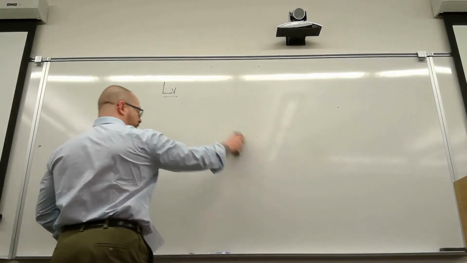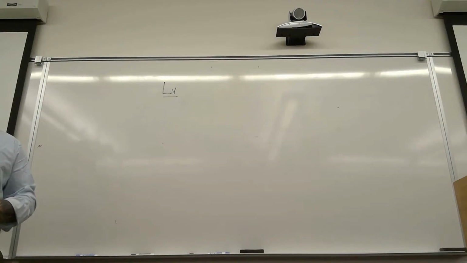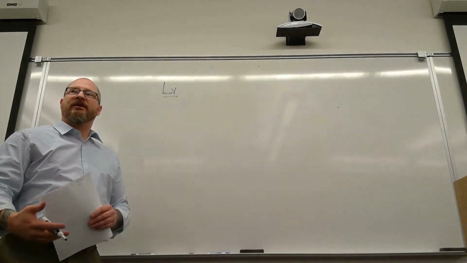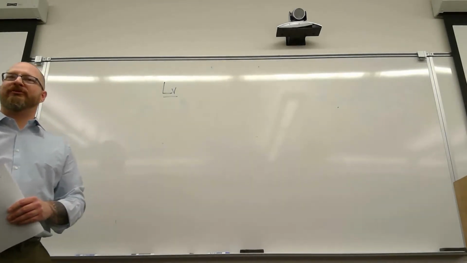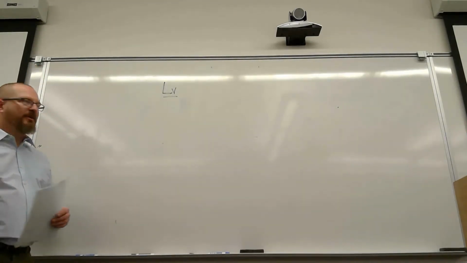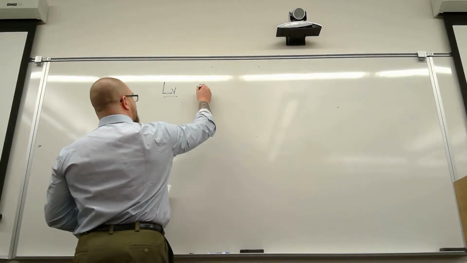And the criteria for what makes a good leaving group for an Sn1 reaction is exactly the same as what made a good leaving group for the Sn2 reaction. So a good leaving group is a good leaving group regardless of whether it's Sn1 or Sn2. Quick review.